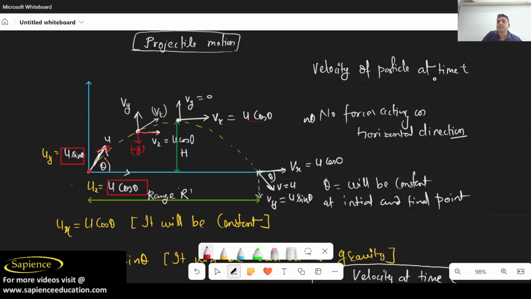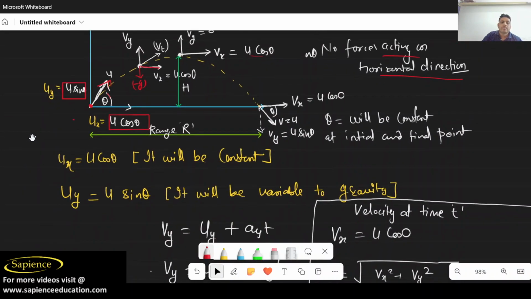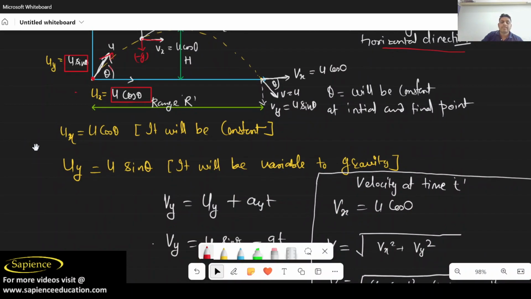Velocity of the particle at a time t: no force is acting in the horizontal direction, so there is no change in velocity there, but there will be a change in velocity in the y direction. From here we can say that ux is equal to u cos theta and uy is equal to u sin theta, because it is the y component.